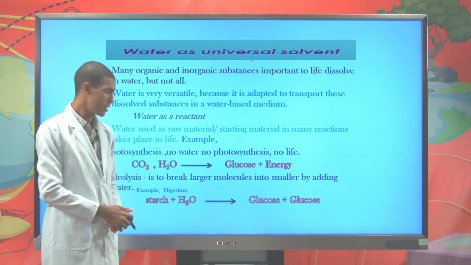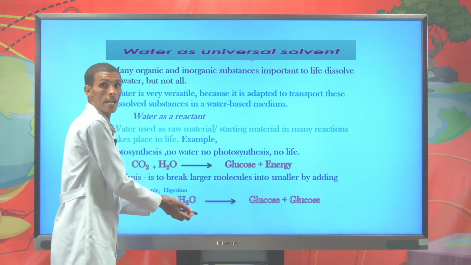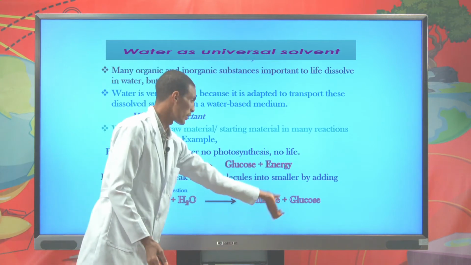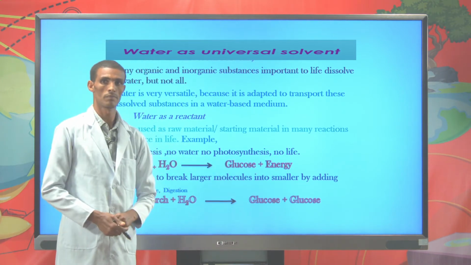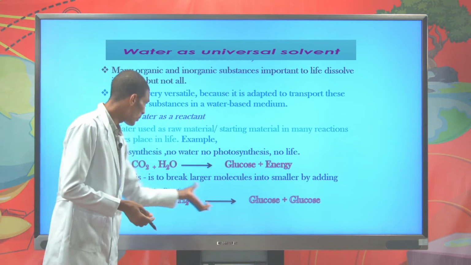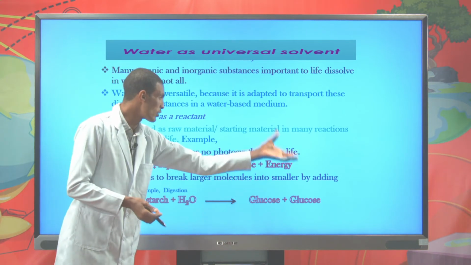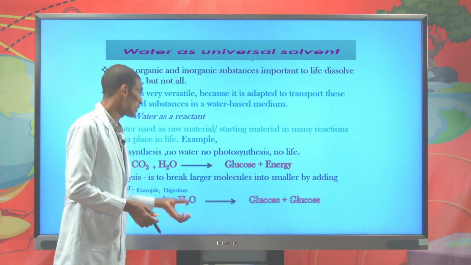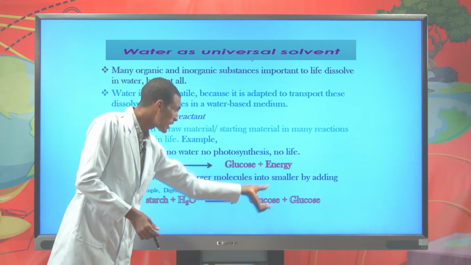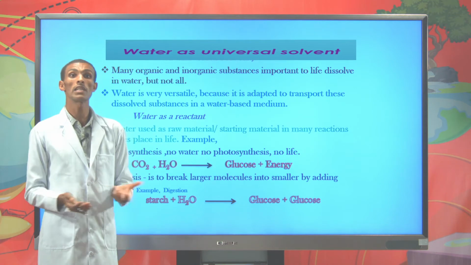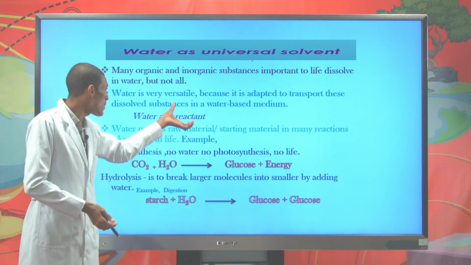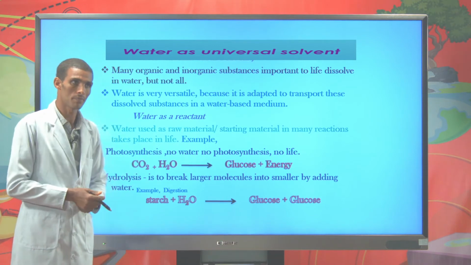For example, starch, a larger molecule, by adding water breaks into its monomer, glucose. Protein, by adding water molecules, breaks into amino acids. And lipid, by adding water molecules, breaks into fatty acids and glycerol. Water is very important in digestion. Water acts as a raw material here.